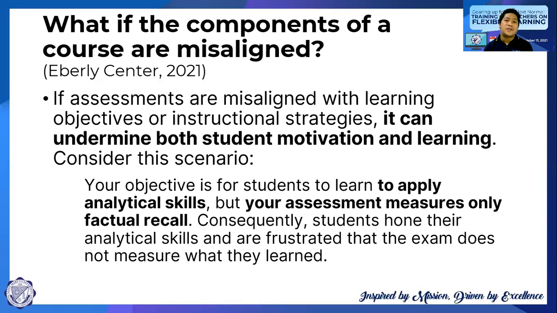They were able to learn how to apply analytical skills. However, you did not assess them properly. You simply use an assessment focused on factual recall. Consequently, students hone their analytical skills and are frustrated that the exam does not measure what they learn.